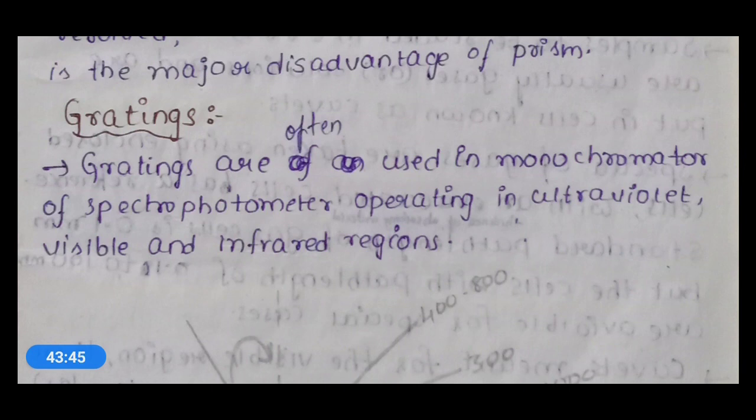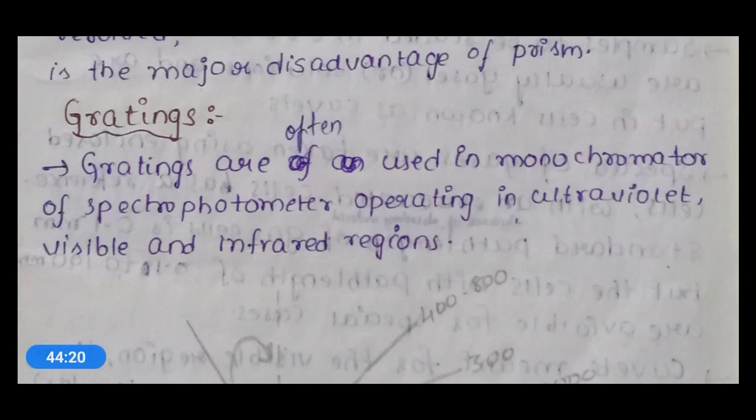Coming to the monochromator, it is an arrangement of 5 different components. The first one is the entrance slit, the second is a collimating device, the third is a wavelength resolving device, the fourth is a focusing lens or mirror, and the fifth is the exit slit. The entrance slit helps the entry of the polychromatic light, and a mirror is commonly used as the collimating device.